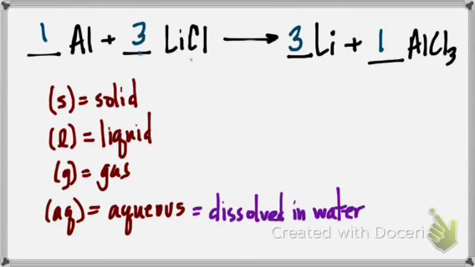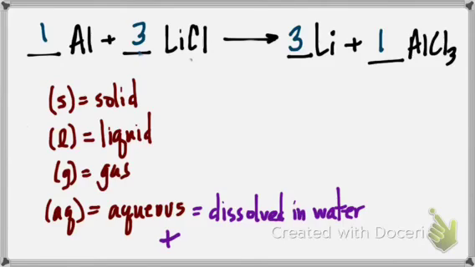Now, this is not always going to be the case, but it's going to be the case for the next 2 weeks until we finish up solubility, because solubility will change what state of matter you're going to use on stuff. But for right now, if you see a compound with 2 or more elements together, put aqueous as its state of matter.